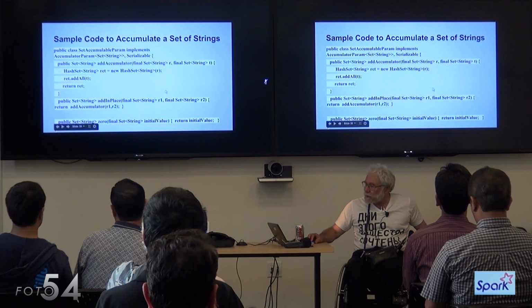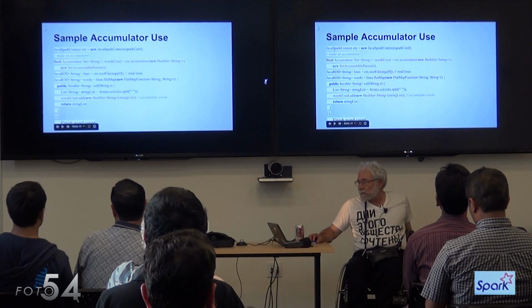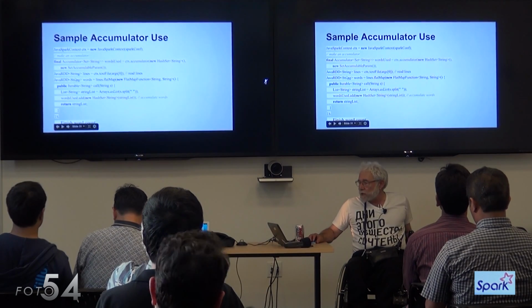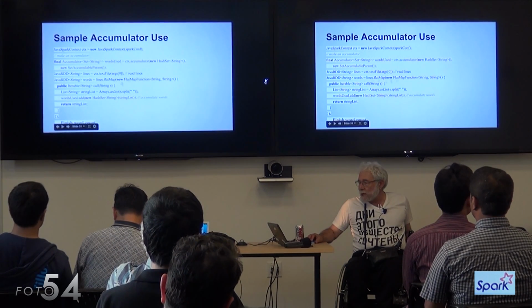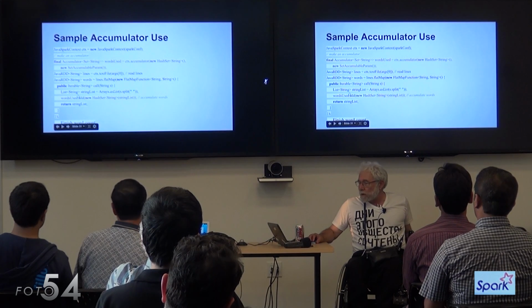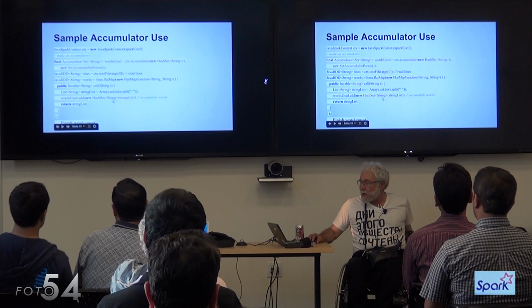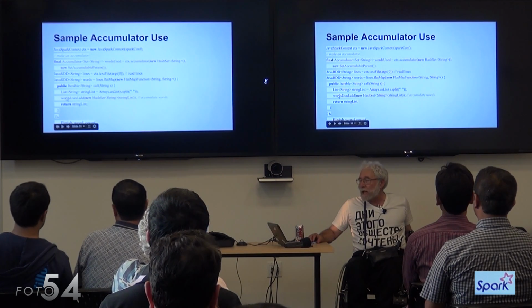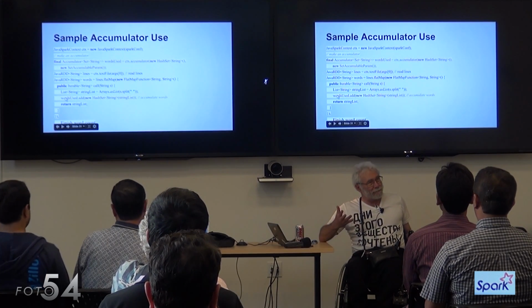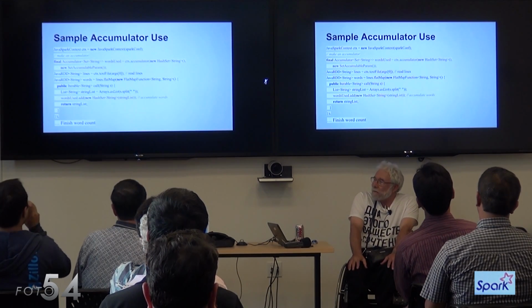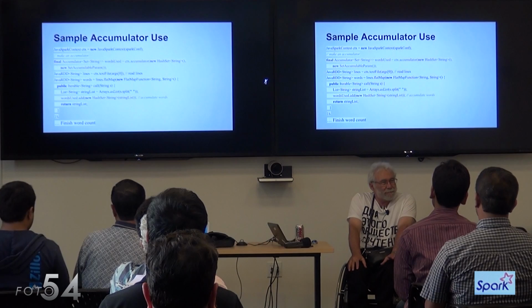And now to use this, in the middle of your word count, what you can say is, okay, I take my line, I break it up into words. Now I take the words and I add them all. I create a new hash set with all the words and I add them to this accumulator. Done. We now have all of the words that we have ever encountered anywhere in the system.